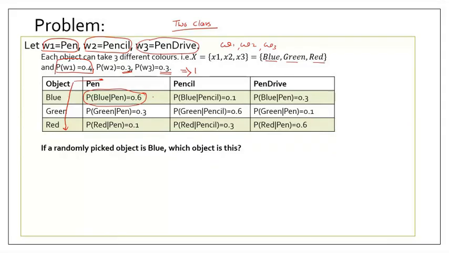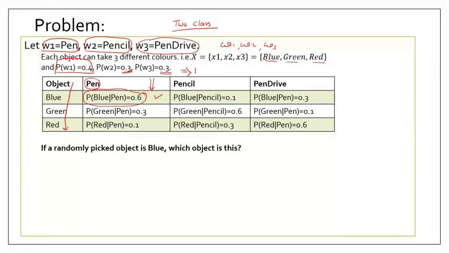This probability is talking about only pens. It is not talking about pencil or pen drive. So my domain is restricted to only pens.